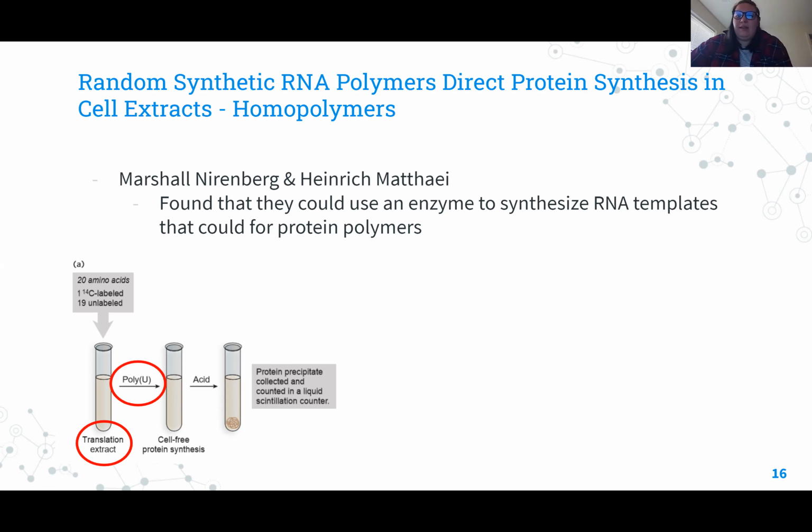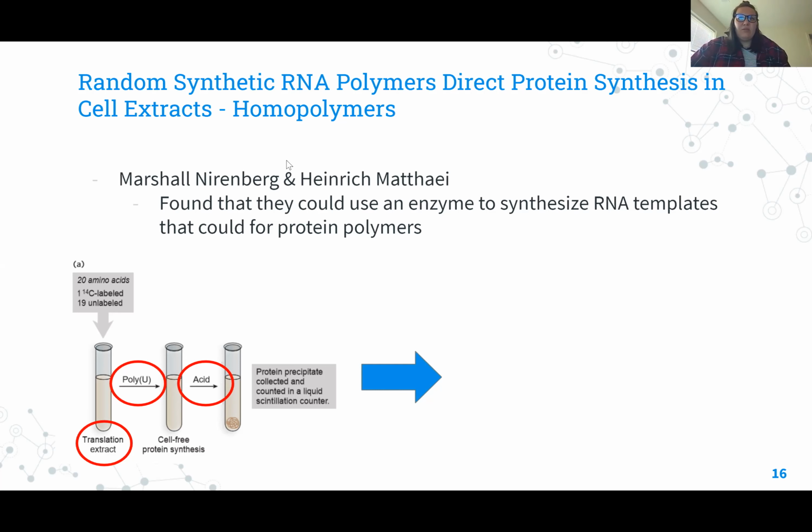Before they let it happen, they added a certain acid. The book just calls it an acid, which is really general, but specifically this acid created a precipitate in the bottom of the tube. This precipitate was then collected and tested for the presence of the radioactive amino acids they added, which had been turned into long polypeptides.